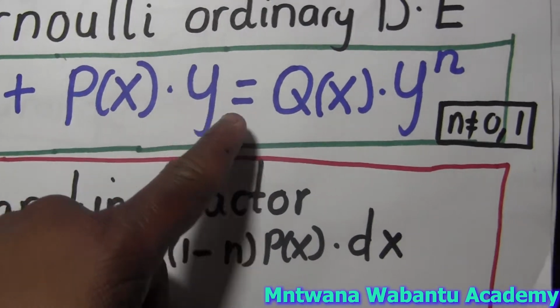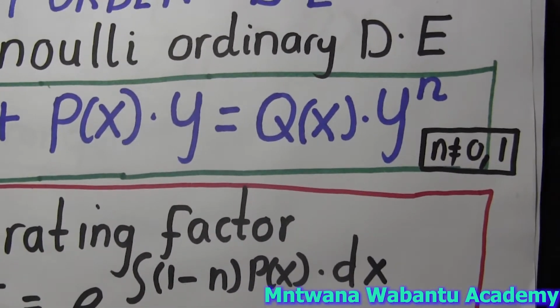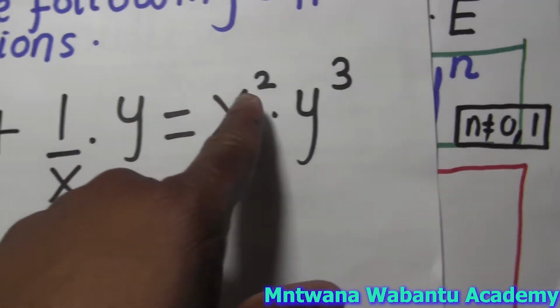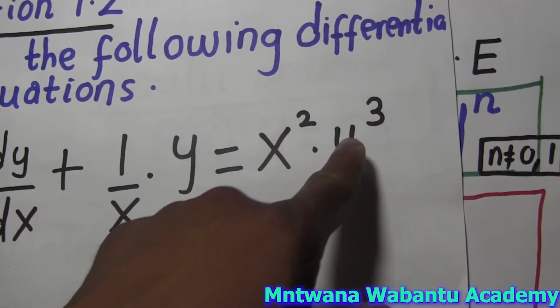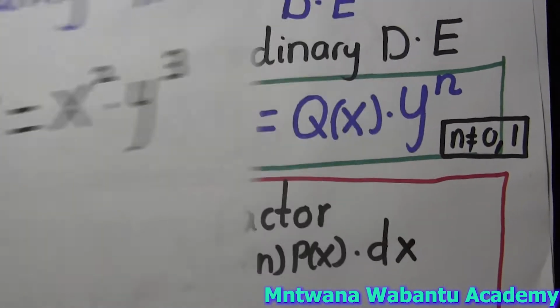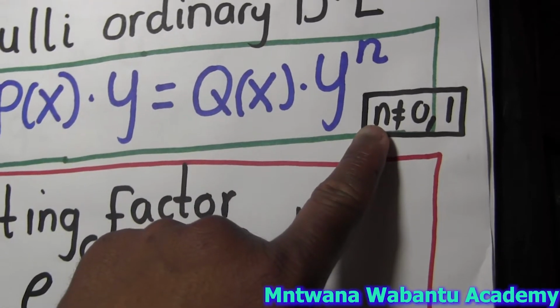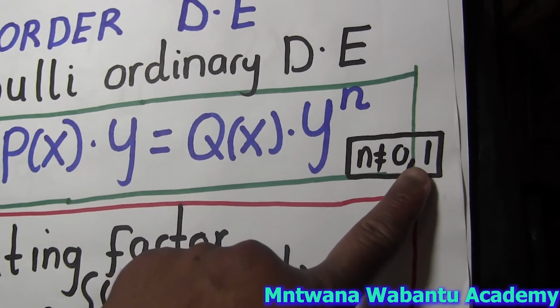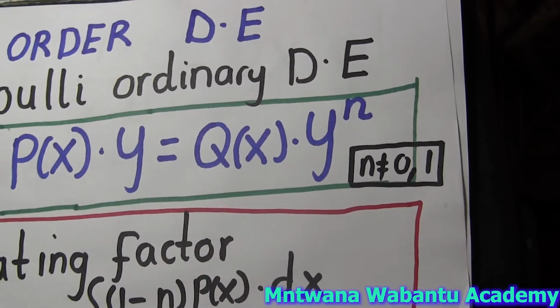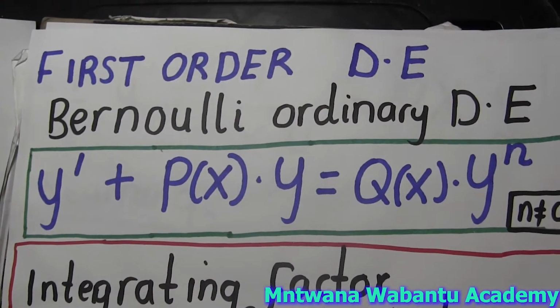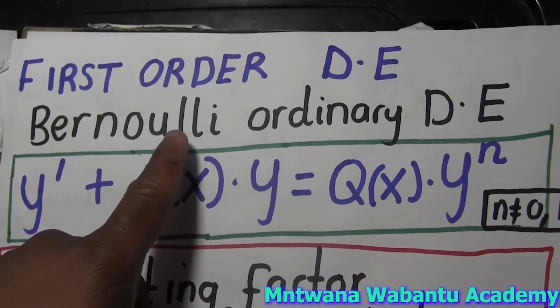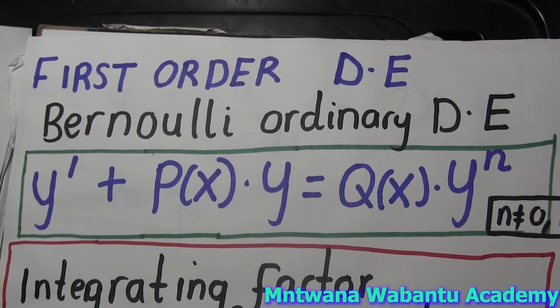Then you have y to some power, and I'm saying it again, it should not be 0 nor 1. It could be 2, 3, 4, 5, but if it's 0 or 1, then it's not a Bernoulli differential equation.